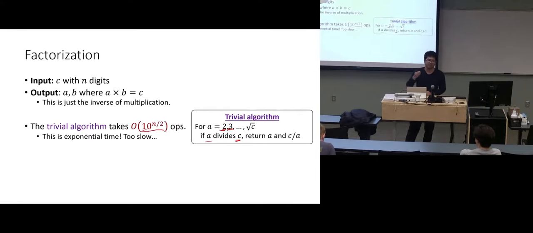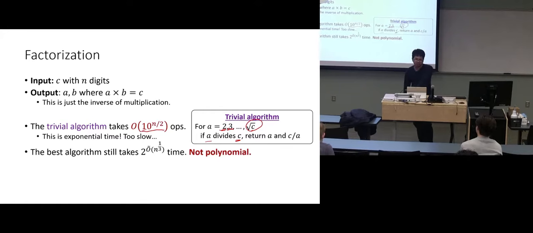Because if C has n digits, then the size of C can be of size 10 to the n. But we repeat this loop up to the square root, so it's 10 to the n over 2. But this is exponential time. If you have just a 10 digit number, you need more than a billion steps. That's super slow, right? Can you do it better?